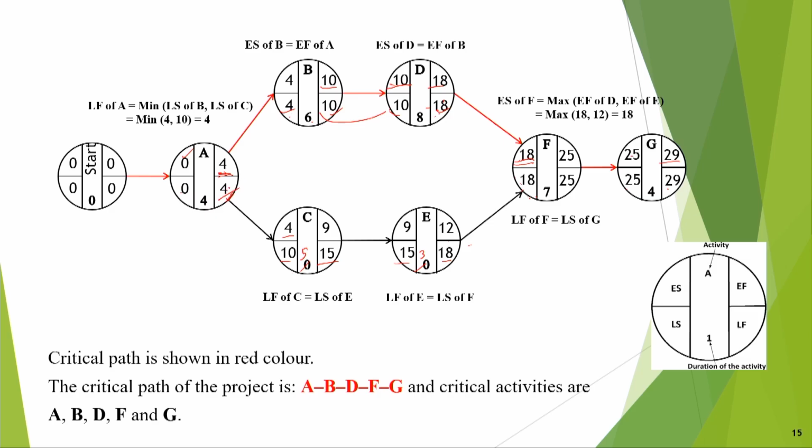That means this is the latest finish, as it is written also here. This is basically the latest start. So the latest start is 4 minus 4 is equal to 0.